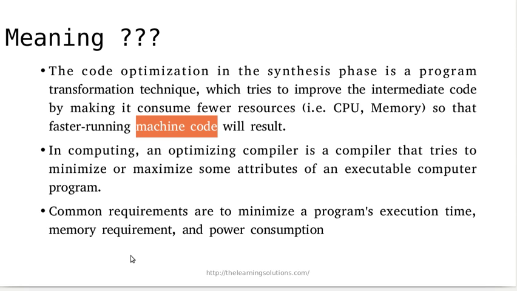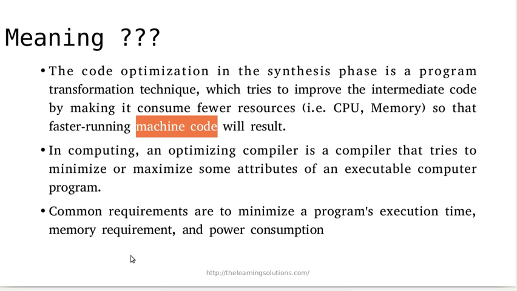Now, an optimizing compiler is a compiler which will minimize or maximize some attributes. The term optimization means minimizing or maximizing, depending on the situation.